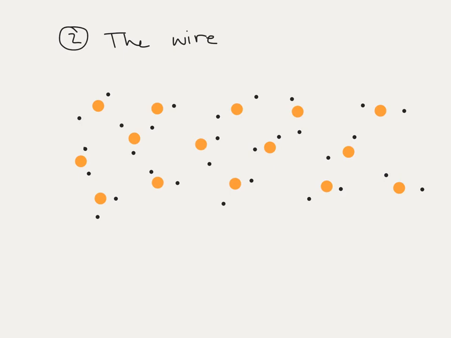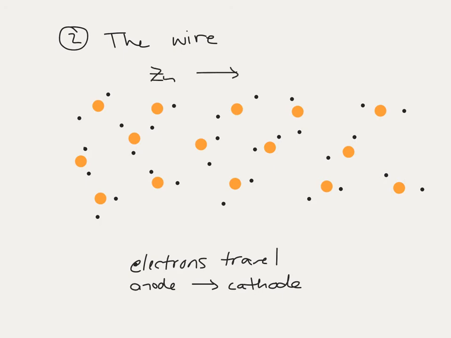It's important to know that the electrons travel from the anode, where the oxidation is happening, to the other species, to where the cathode is. In this case, that's going from the zinc towards where the copper's at. So our electron flow would be to the right.